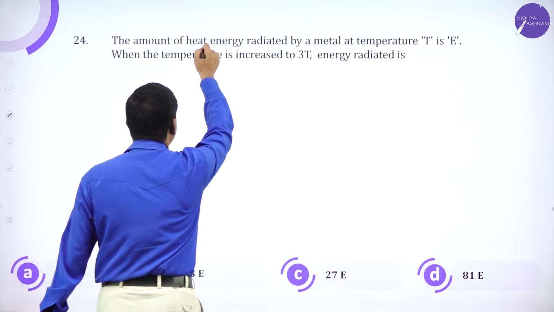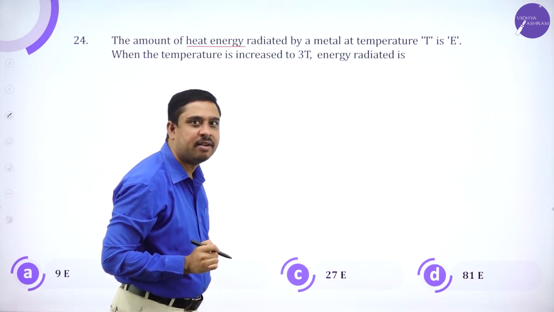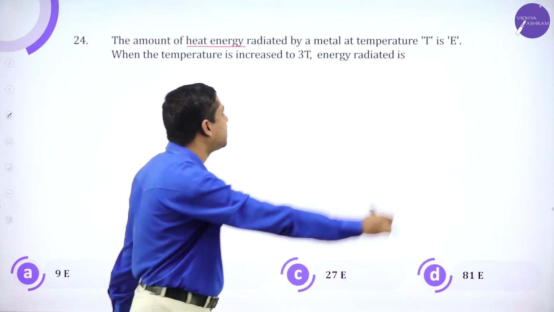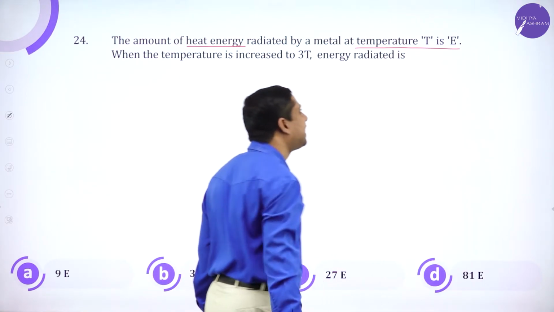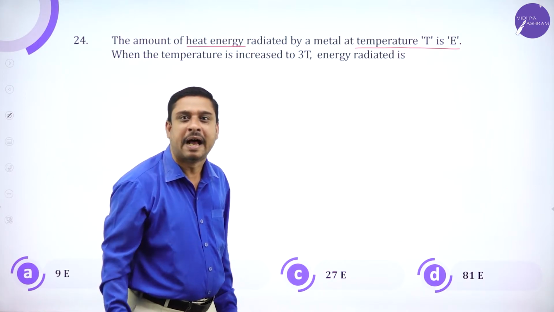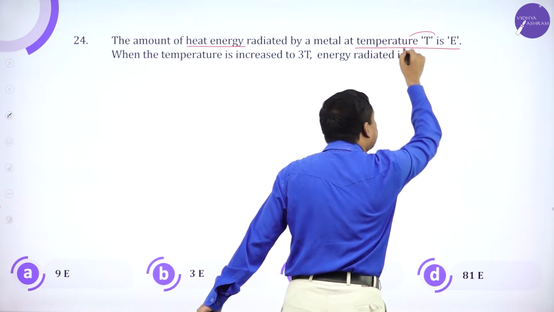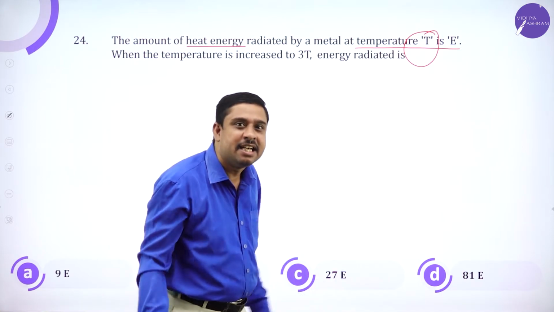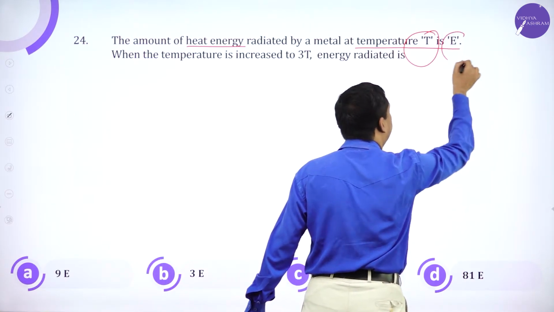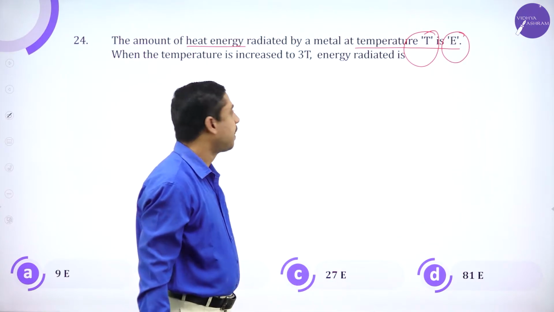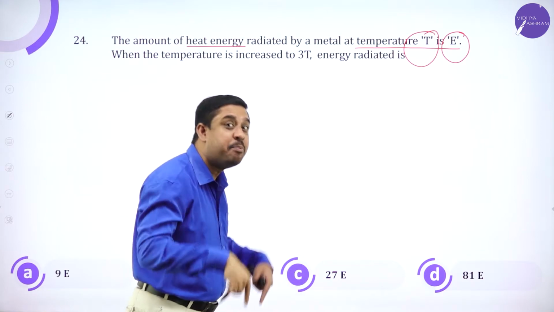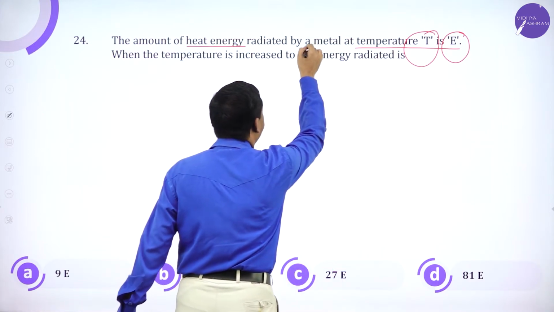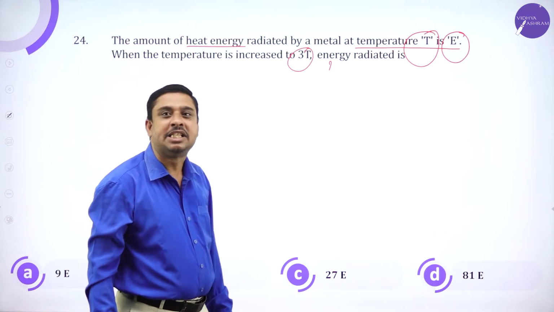The amount of heat energy radiated by a metal at a temperature T is capital E. When the temperature is capital T, the amount of heat energy given out by a metal is E, then what will be the energy if the temperature is increased to 3T?